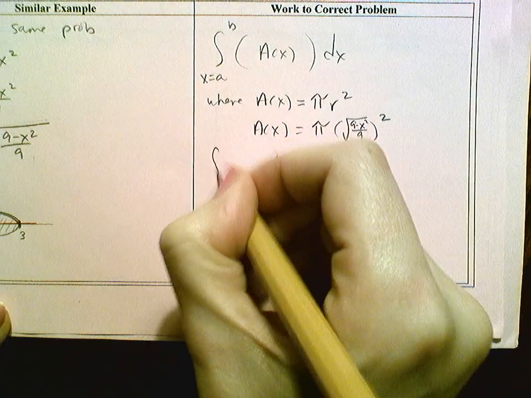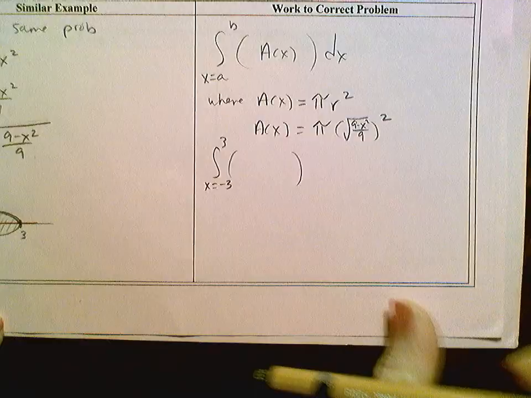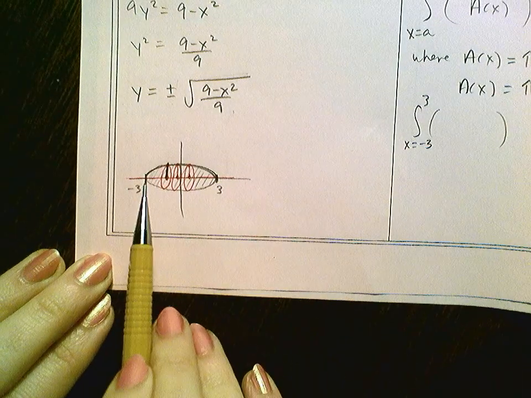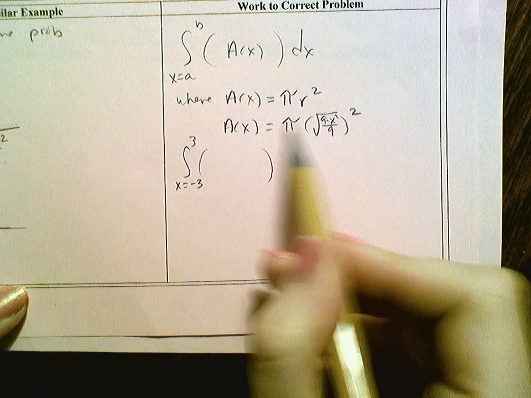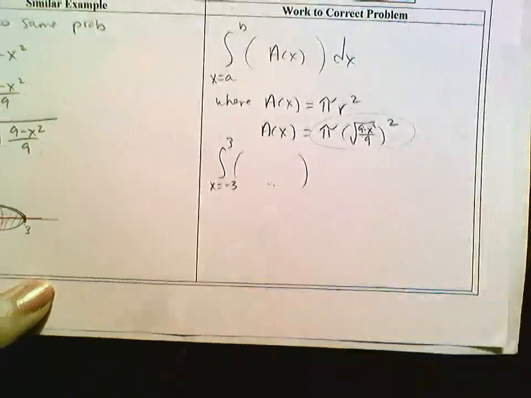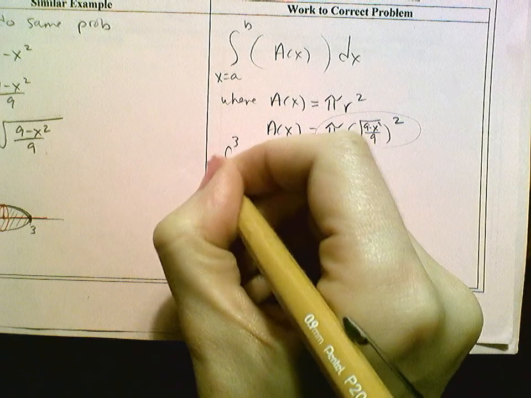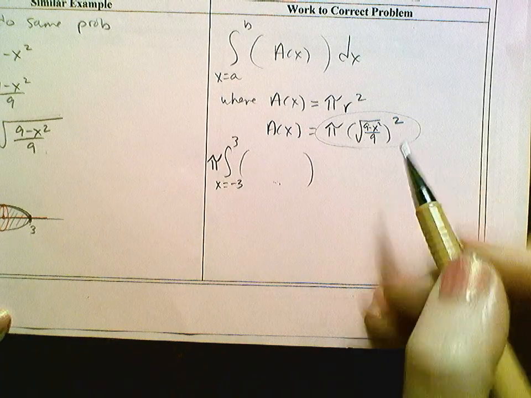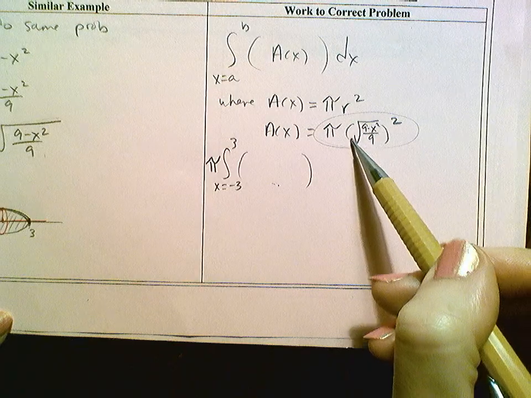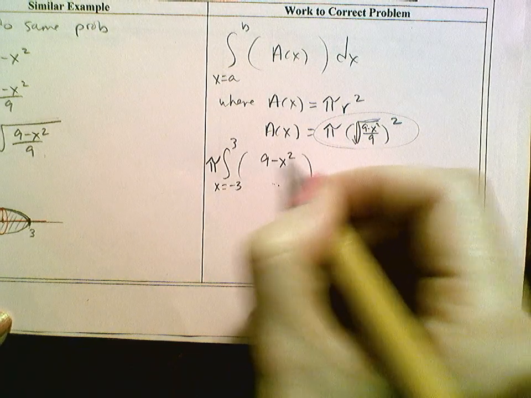So it's going to be the integral from x equals -3 to +3 for the x values. And then this area function is going to go in here. And guys, if you look at the choices, all of the choices have pi's in them, which means that they pulled the pi out front. And by the way, since we're squaring a square root, you could just plug in this.